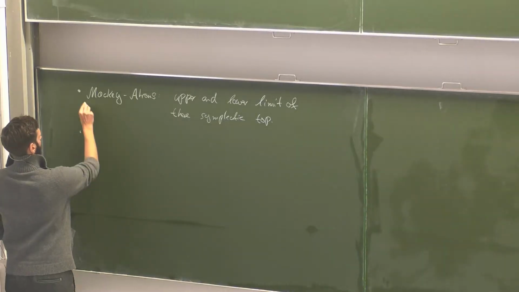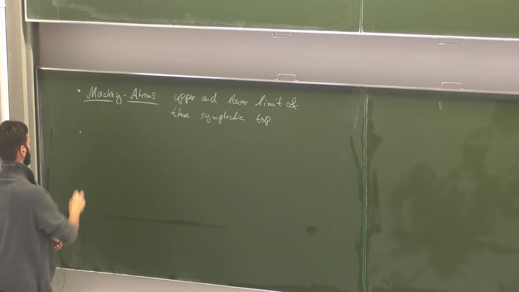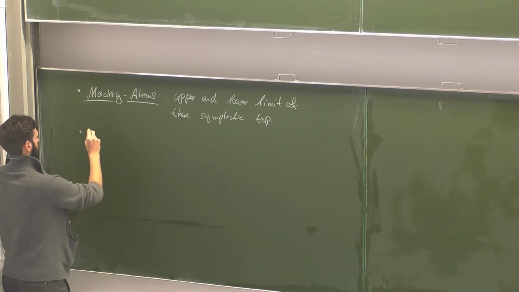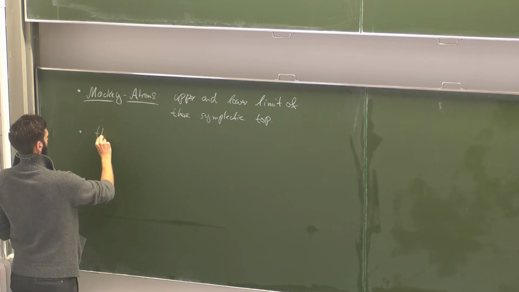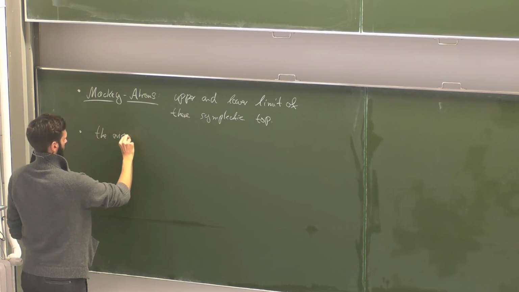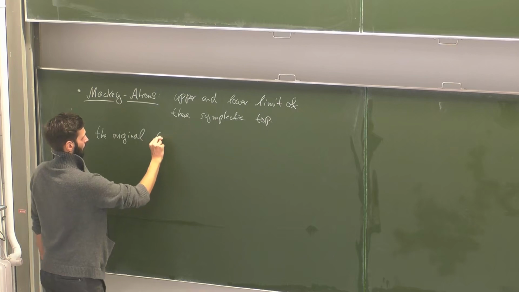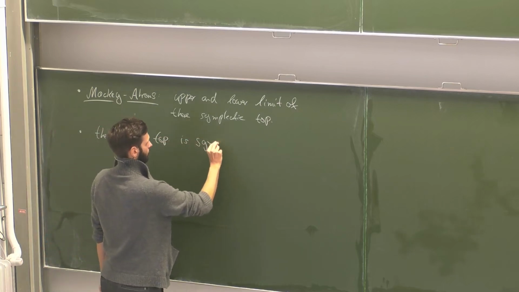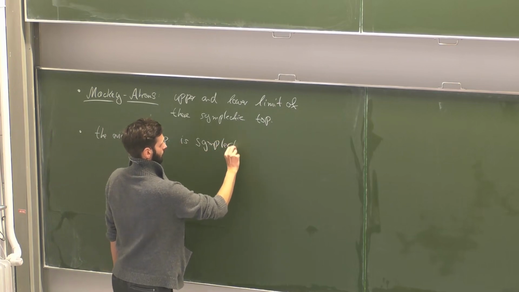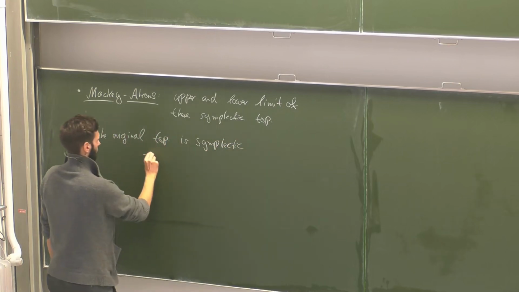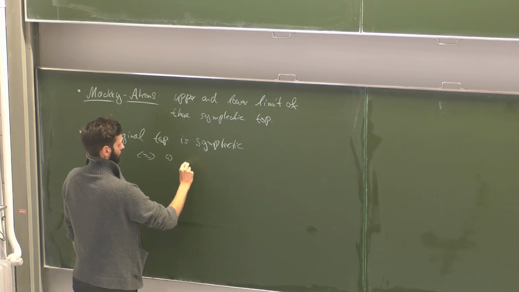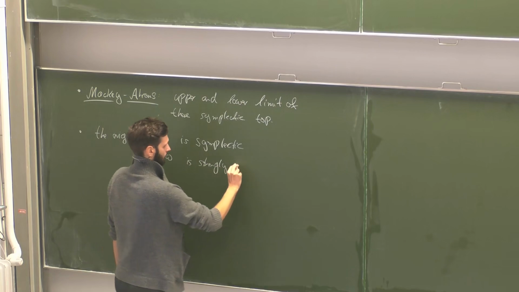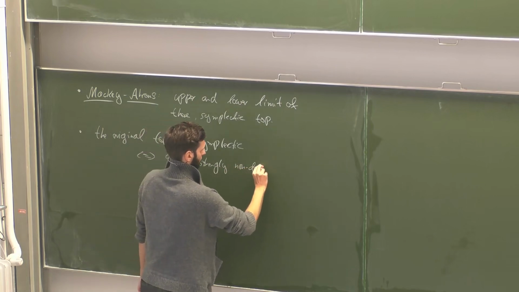So that's the first statement, and the second one is that the original topology is a symplectic topology if and only if the symplectic form is strongly non-degenerate.